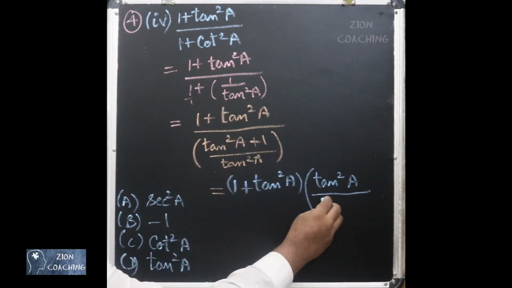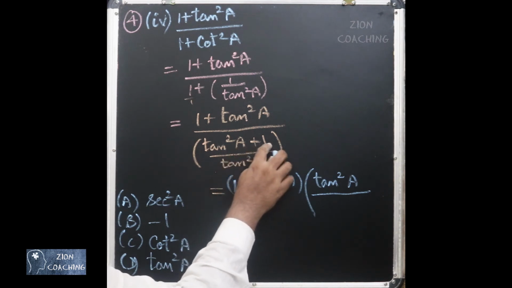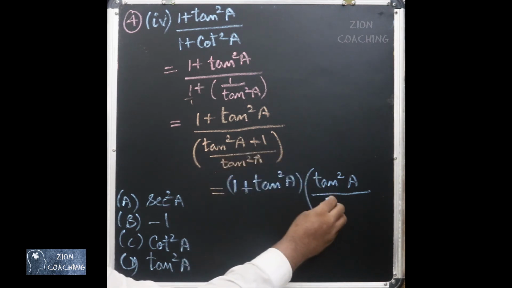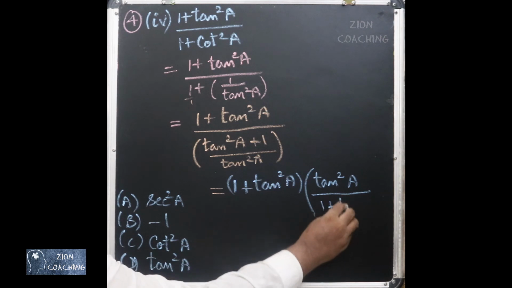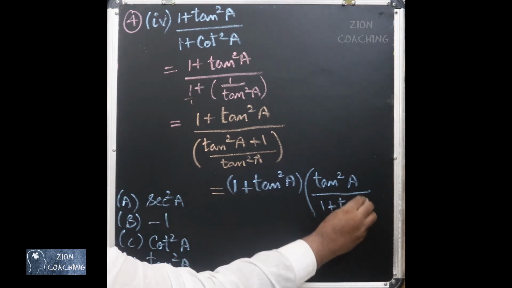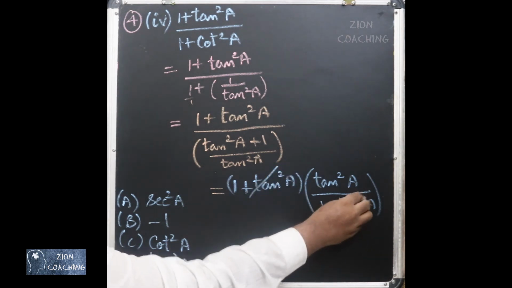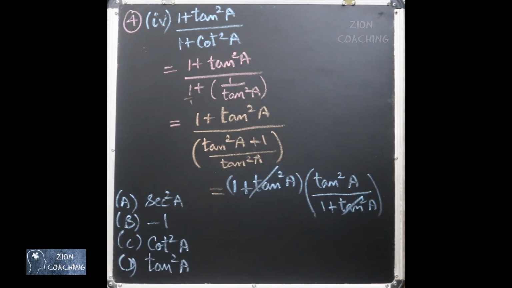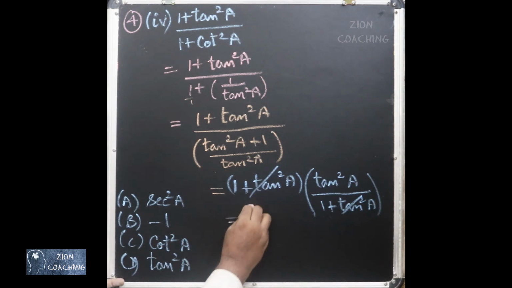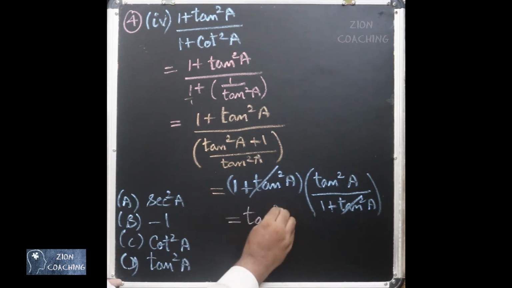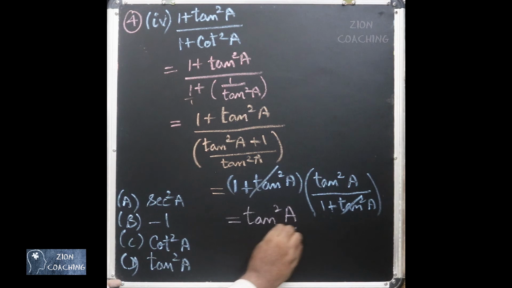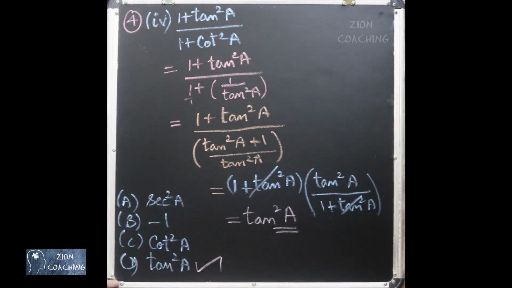Then the denominator is going to be tan squared A plus 1, which is nothing but 1 plus tan squared A. So you can write it as 1 plus tan squared A. Now 1 plus tan squared A and 1 plus tan squared A will get cancelled. What is remaining is tan squared A. So this is the final solution. So option D is the correct answer.